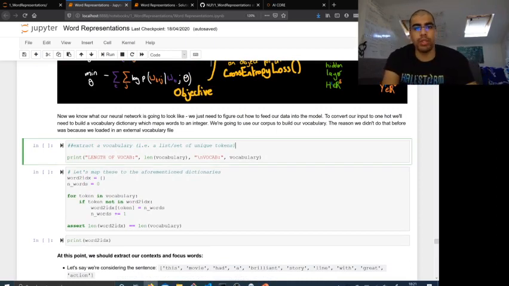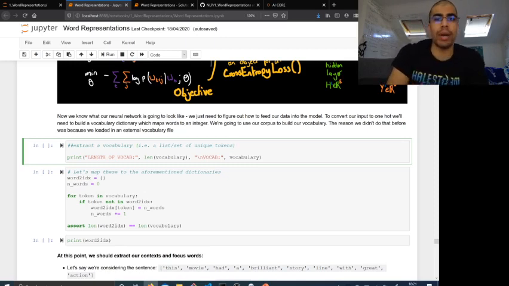Okay, so what we want to do is extract the set of unique tokens from our vocabulary. Previously, we loaded in an external vocabulary file, but this time we're going to do something which will appear a lot more like what we do in practice in real-world NLP, and that's using our corpus to generate our vocabulary.